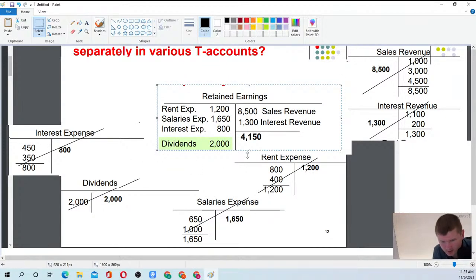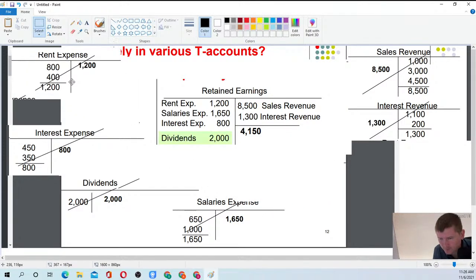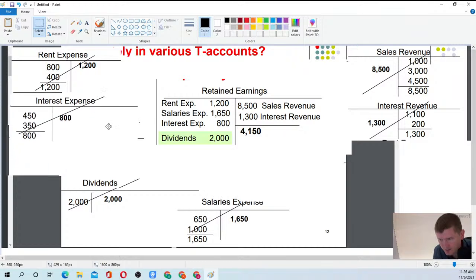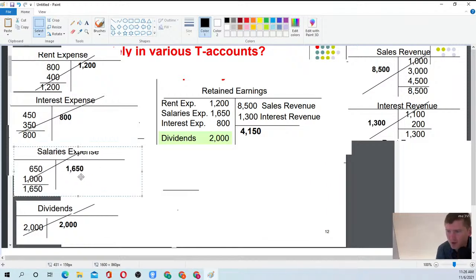Okay, let's move rent here. Interest, dividends, salaries. Interest needs to go up a bit. Dividends need to go down a bit. Salaries.